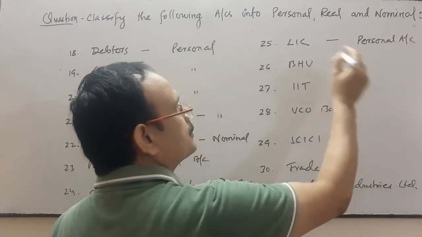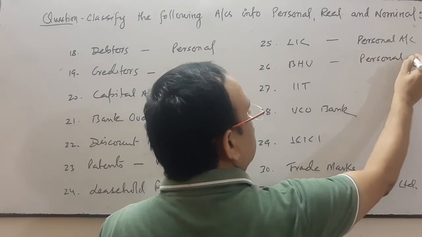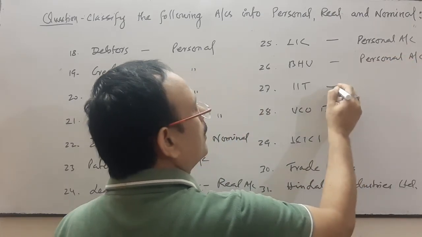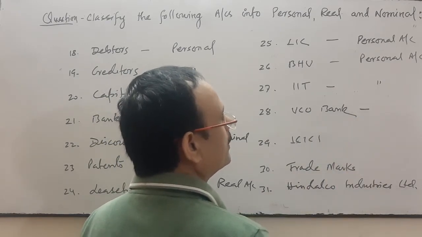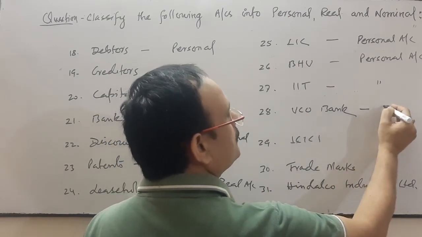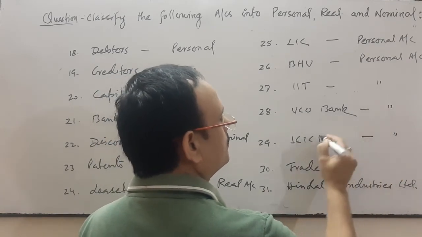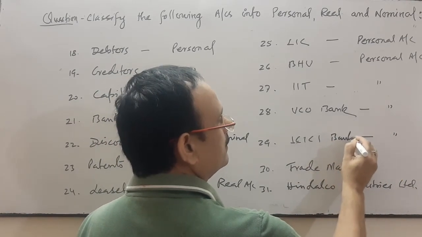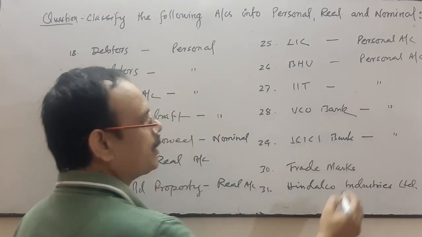BHU is a university, comes under personal account. Artificial person, created by law. IIT is also artificial, created by law. UCO Bank is also an artificial person, personal account. ICICI Bank, it's also an artificial person, comes under personal account.